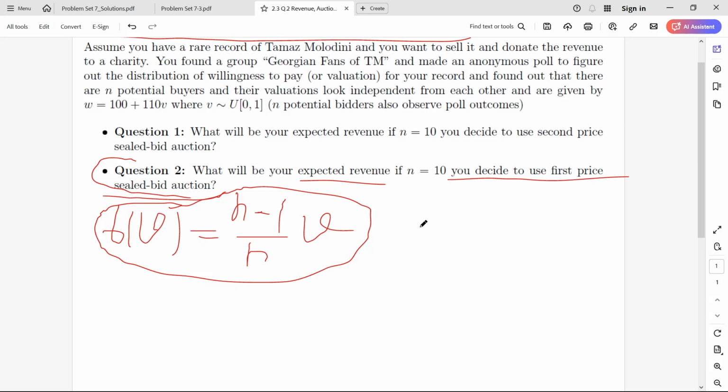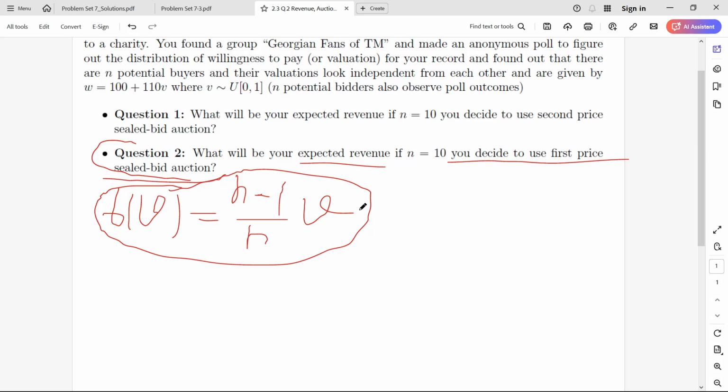So now we should calculate the expected price we will receive for the revenue, and the expected price we will receive can be derived from the expected realization of this V for the highest valuation person.